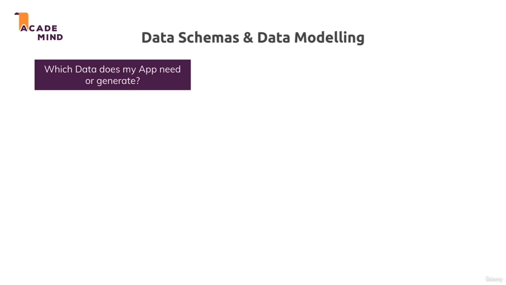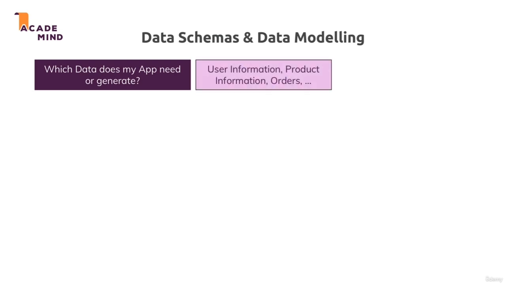Which data does it need and or generate? That can be anything: user information, product information, orders, coordinates, anything like that. And this will define the fields you'll generally need, and of course, also already a bit how they relate. A user might order products. So this gives you the general frame for your data structure.